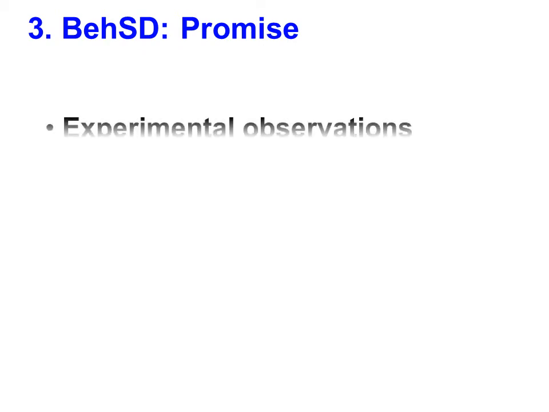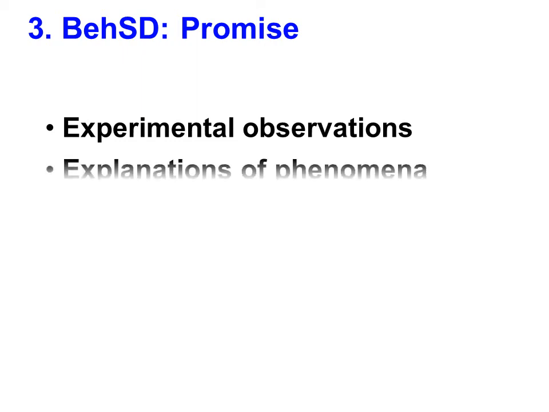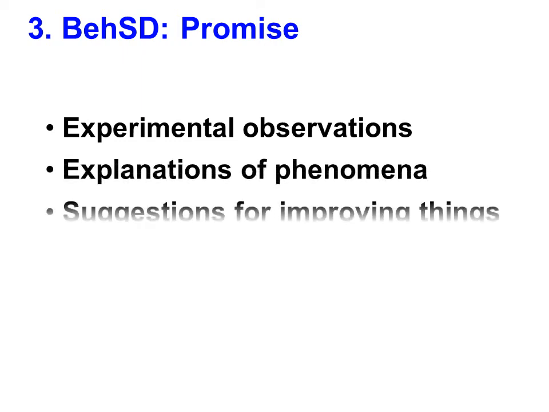Well, features common to all of the elements in that new map that we created are these: that behavioural effects or phenomena are observable in experiments, that behavioural theories can explain the phenomena like the 8 factorial or the department store, and that they suggest how to start improving things.